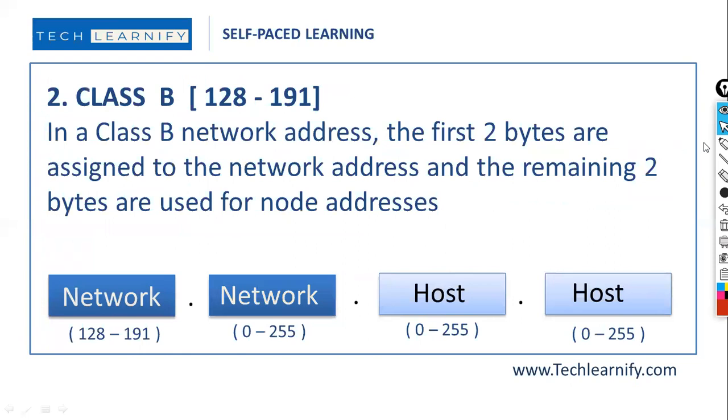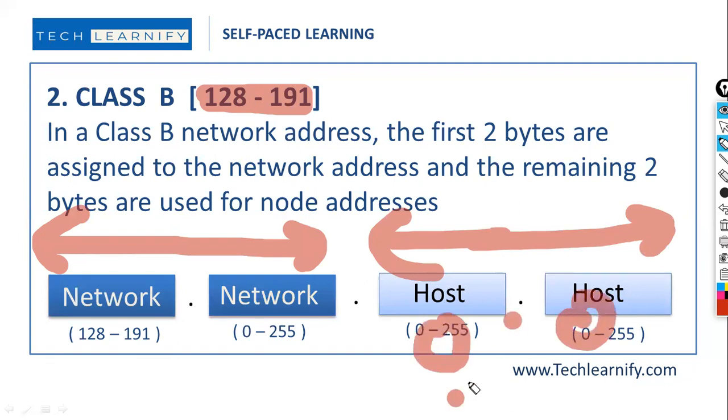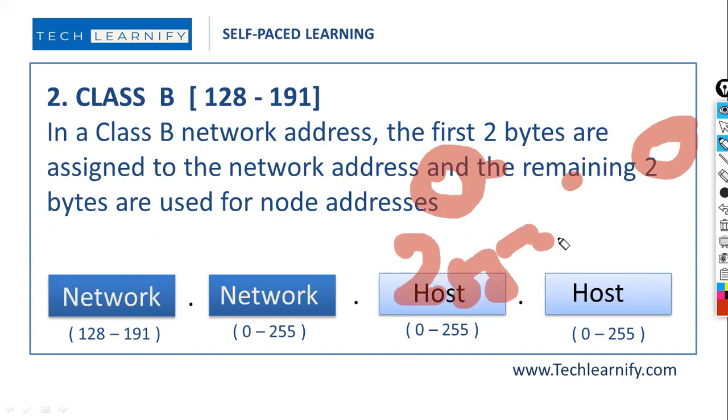In class B, the first octet is any number between this, but the initial two octets represent the network portion, and the rest two, the host portion. Again here, 0.0 or 255.255, both addresses are not allowed. Both are reserved, the network and broadcast addresses, right?